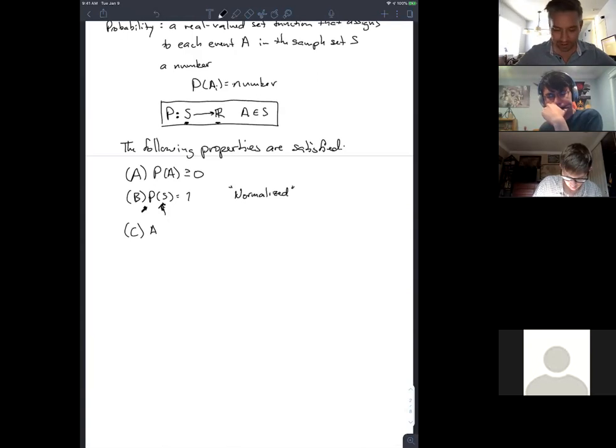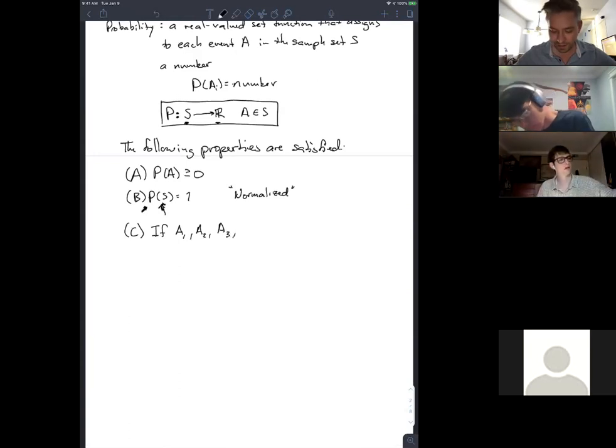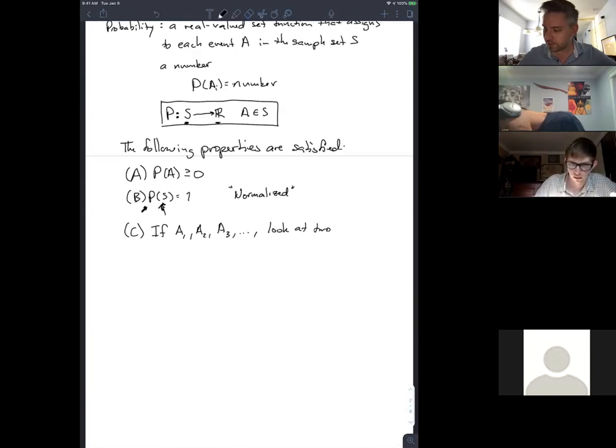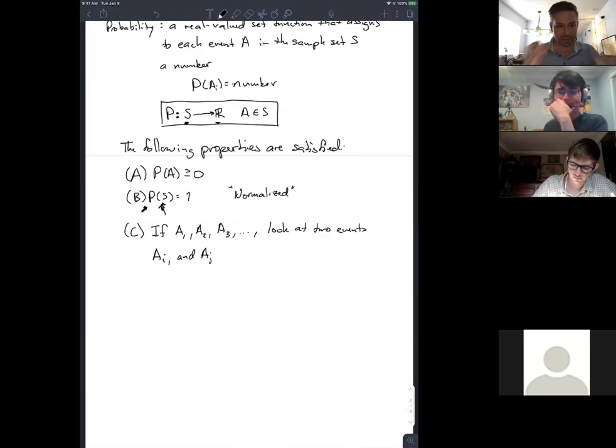If my outcomes are, say, A1, A2, A3, and so on and so forth, and I look at any two distinct events, A_i and A_j, where those two events are different.